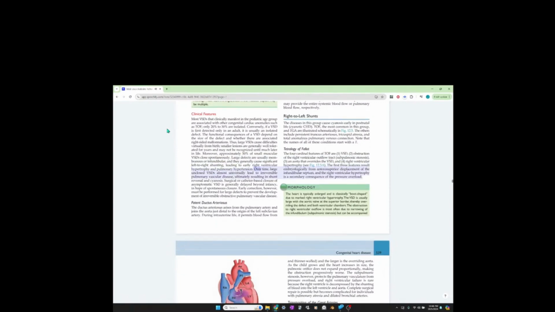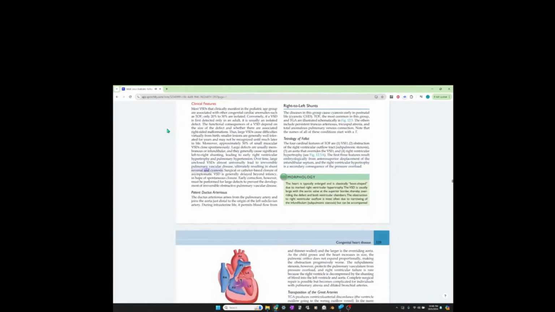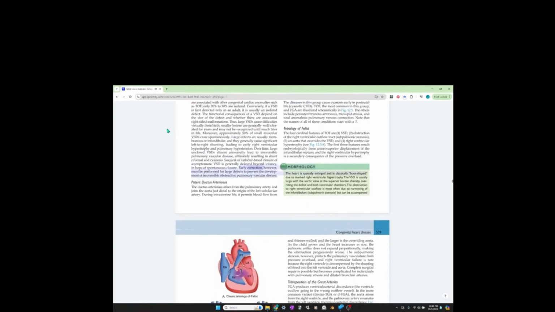Over time, large unclosed VSDs almost universally lead to irreversible pulmonary vascular disease, ultimately resulting in shunt reversal and cyanosis. Surgical or catheter-based closure of asymptomatic VSD is generally delayed beyond infancy in hope of spontaneous closure. Early correction, however, must be performed for large defects to prevent the development of irreversible obstructive pulmonary vascular disease. The heart is typically enlarged and is classically boot-shaped, due to marked right ventricular hypertrophy.